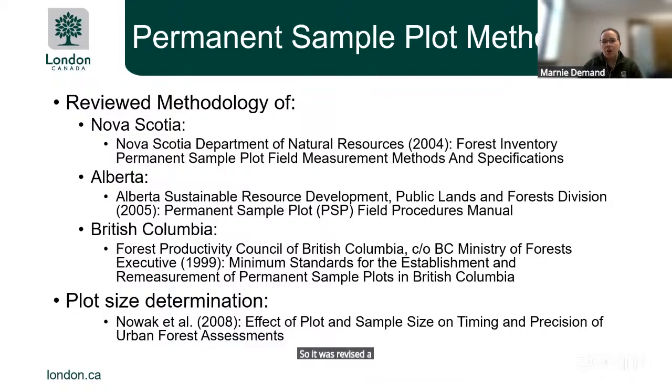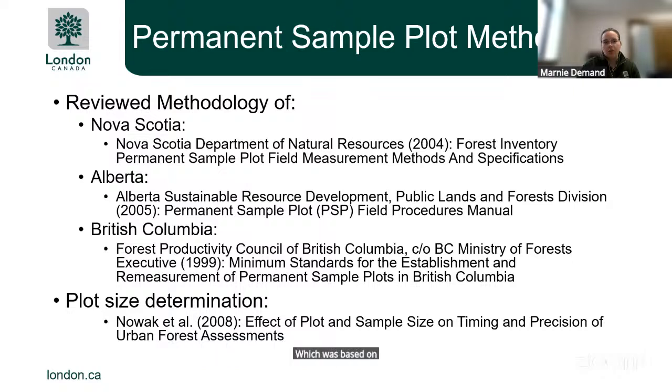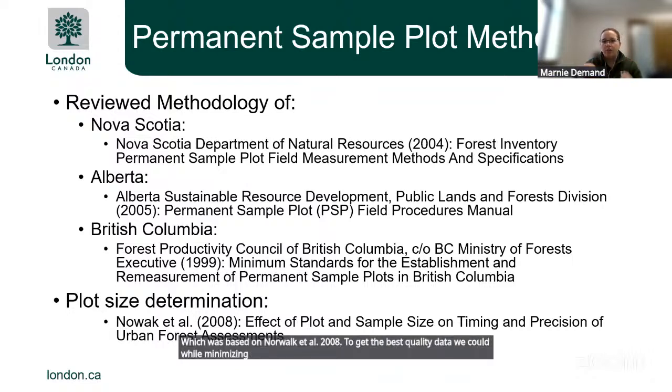The plot size for the permanent sample plots was 0.04 hectares, which was based on Norwalk et al. 2008, to get the best quality data we could while minimizing time required. They were still quite time consuming to inventory and sample. However, it was a balance between how much data we could get and how much we could get done.